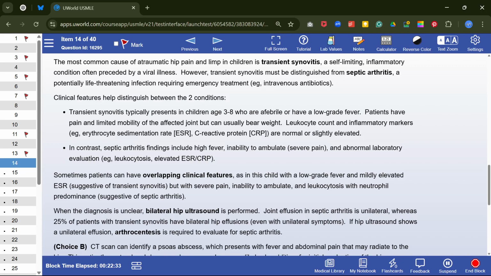Joint effusion in septic arthritis is unilateral, whereas 25% with transient synovitis have bilateral hip effusion even with unilateral symptoms. Even if hip ultrasound shows unilateral effusion, arthrocentesis is required to evaluate for septic arthritis.